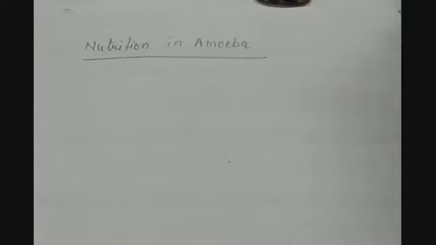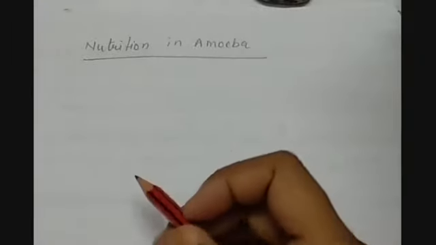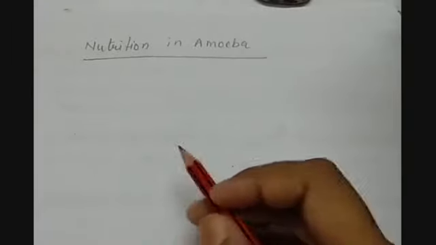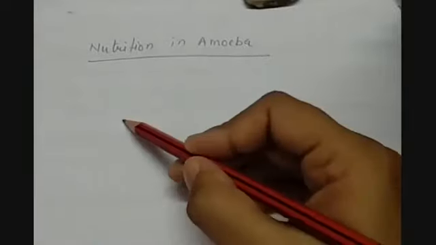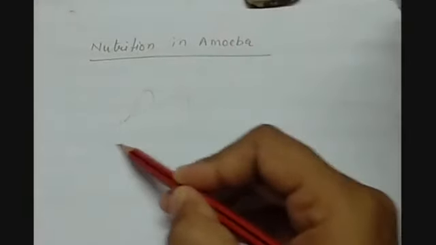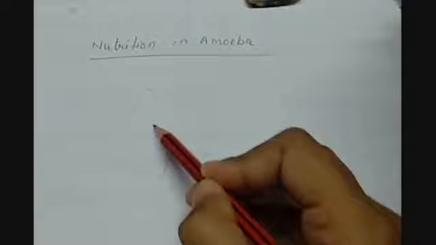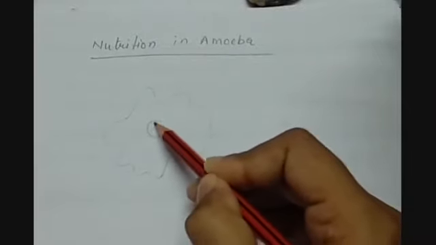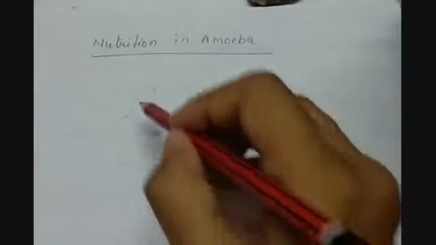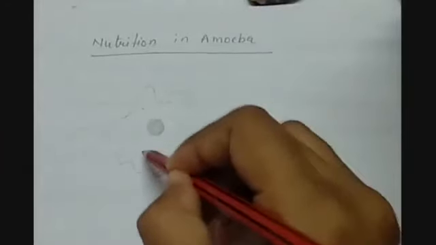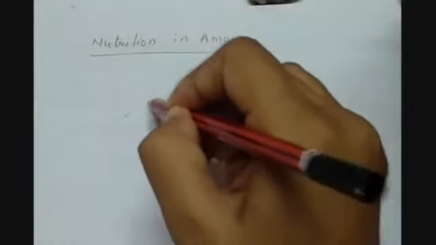Nutrition in amoeba. Amoeba is a single-celled organism, so the food is taken up by the entire surface. So the first process is ingestion of food. We all know that amoeba is a single-celled organism which does not have a particular shape. So here is the nucleus of the cell, and here we have the other parts of the cell.